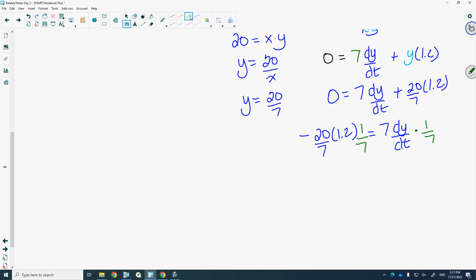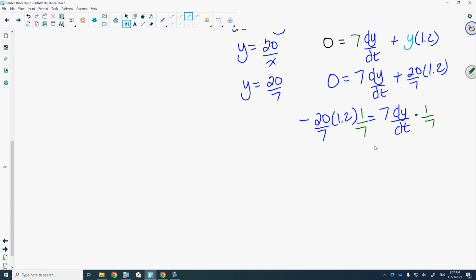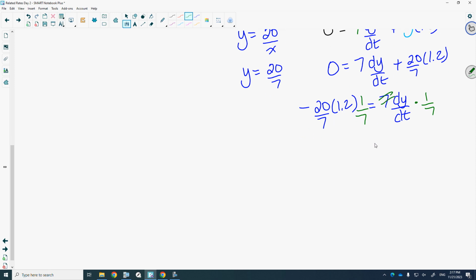This is the same thing as dividing by 7, right? So now I've got dy dt. So the rate at which the shadow is decreasing is negative 20 times 1.2 over 49.